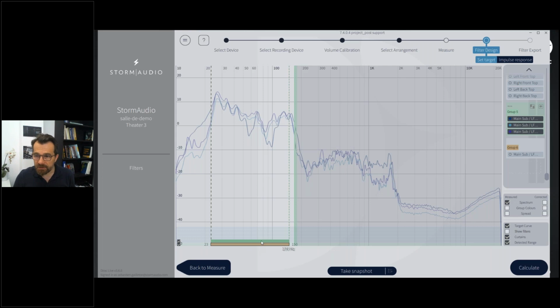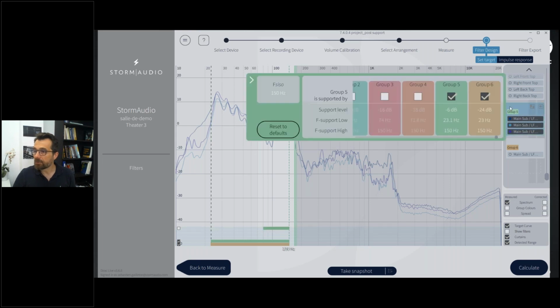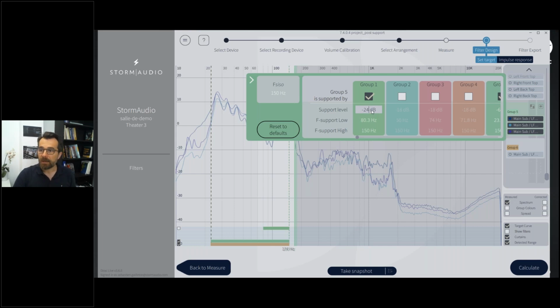You can also decide here to add the left-right speakers and adjust their contribution to the frequency capability they are capable of. Now that you have added them, you can go into the support group and decide, because it is selected now, that this one will contribute to the support of the subwoofer at a higher level. But if you do that, you need to make sure that they are capable of it. But that's something you can do.